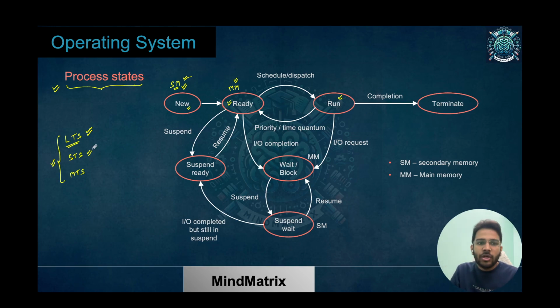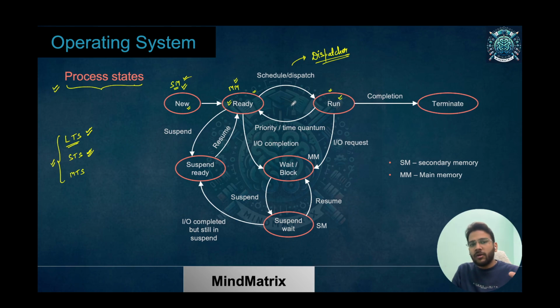So it is the responsibility of the short-term scheduler to select one process out of all the processes present in the main memory. Then it is the responsibility of the dispatcher to shift that process from the ready state to the run state. Carefully understand these concepts.